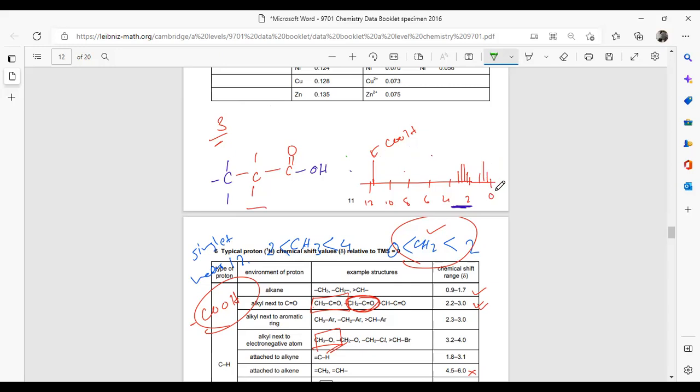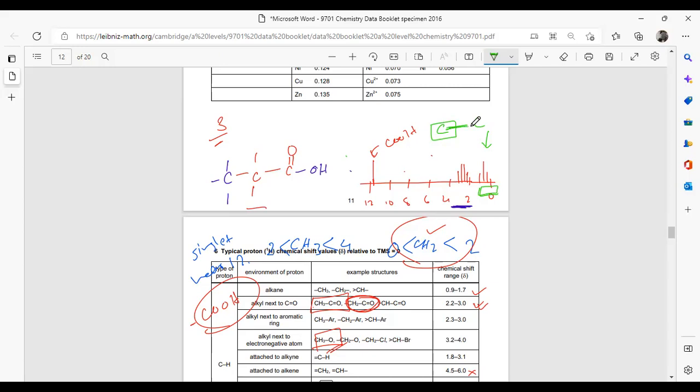Now going with the first one, we have a triplet. Now remember, we are finding the environment. That means we are observing a carbon atom and we are getting information about its neighboring carbon atom. Let's say this is me and this is my position. I'm trying to find my environment.